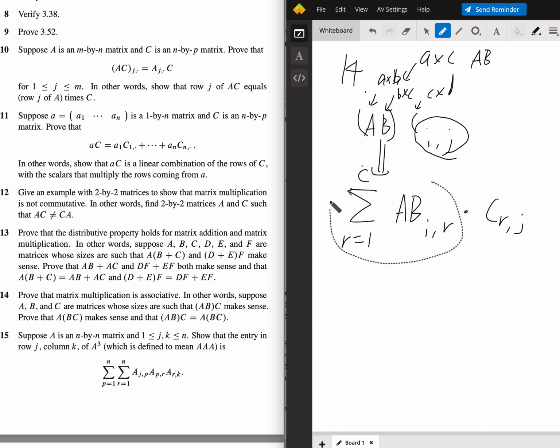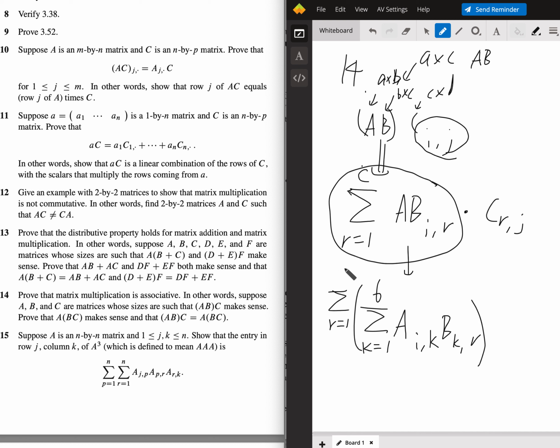And this you can break up, right? It's going to be annoying to do, but you can most certainly do it. Let's use another variable k, and k is going to vary from 1 to b, and then this is going to vary from 1 to c, times c_rj.